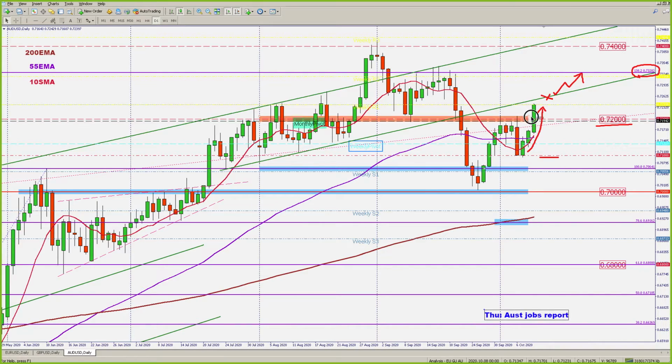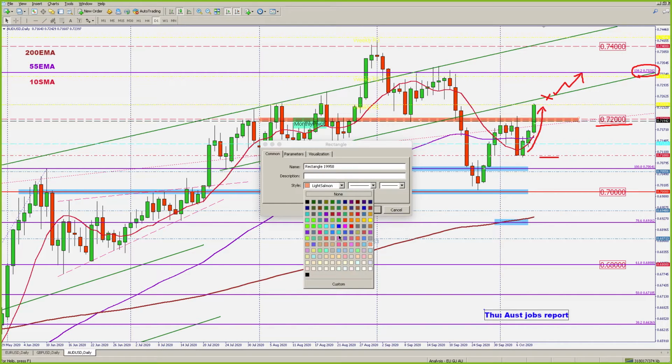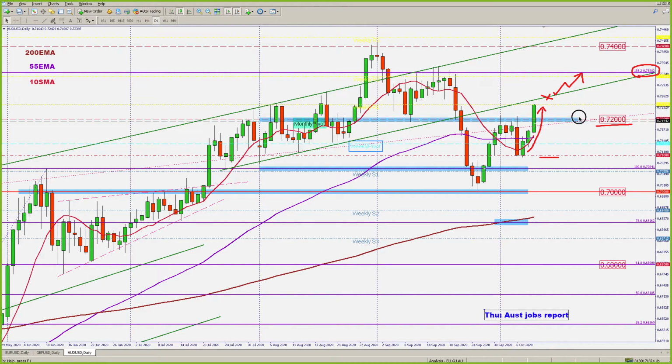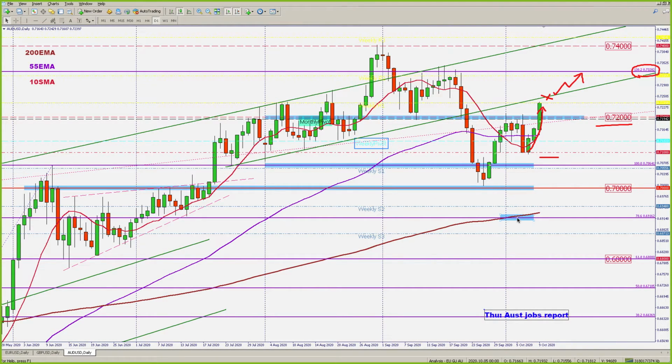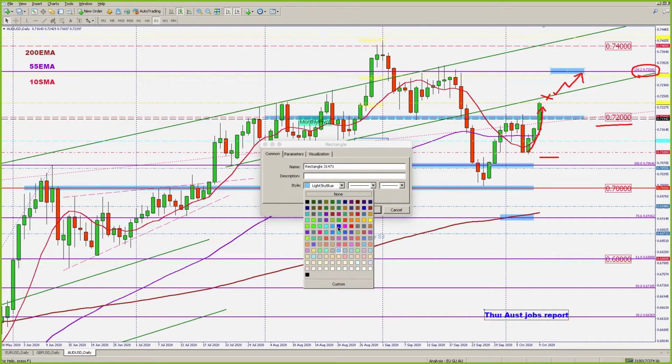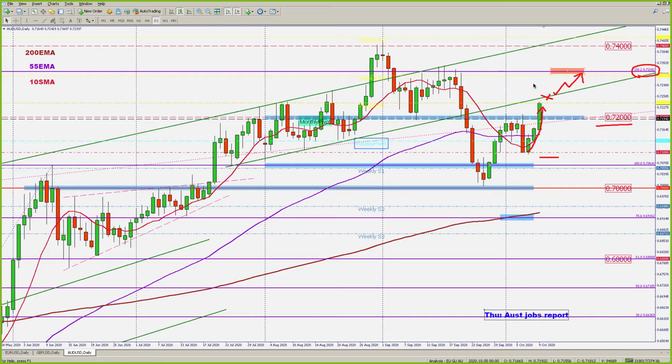This zone now is going to be support, and I'll mark this one here as a resistance zone. All right, let me clear this.